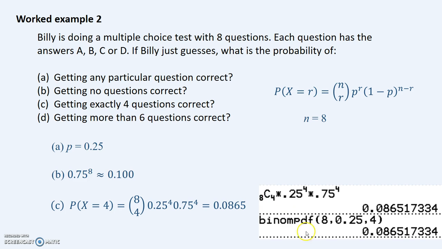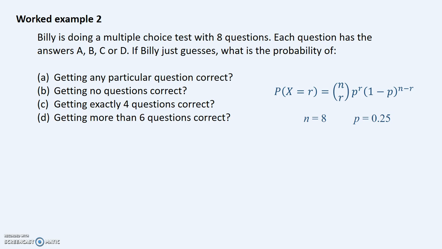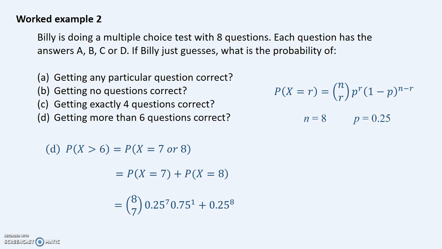Again, you can use binomial PDF because it says exactly 4 questions and get the same answer. Explore that on your calculator. Question D, more than 6 questions. So more than 6 is 7 or 8. So you've got to do 7 plus 8, the probability of getting 7 and the probability of getting 8.